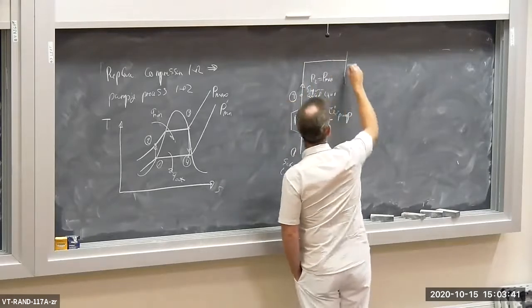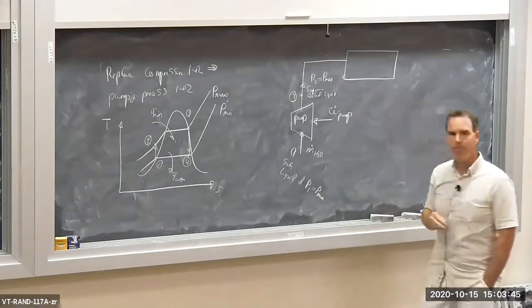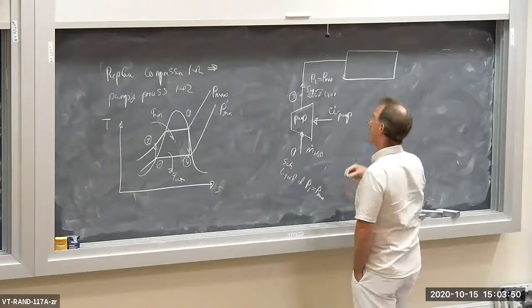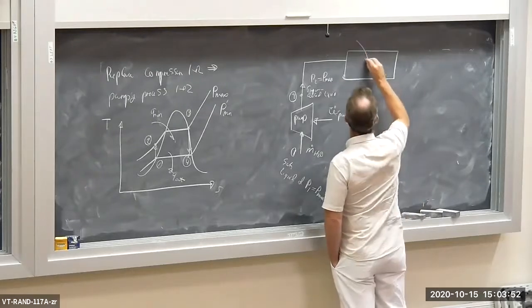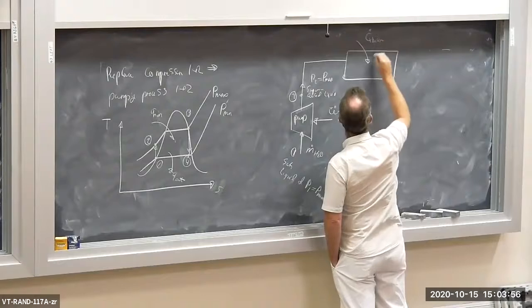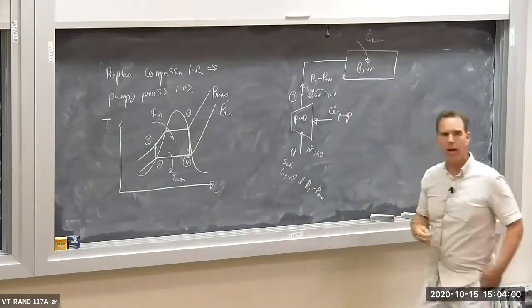And then we add heat to this supercooled liquid in a boiler. We take the liquid and we boil it away until it's a saturated vapor. So we're going to add heat, Q dot boiler. So this is our boiler. Typically, it's an isobaric boiler.